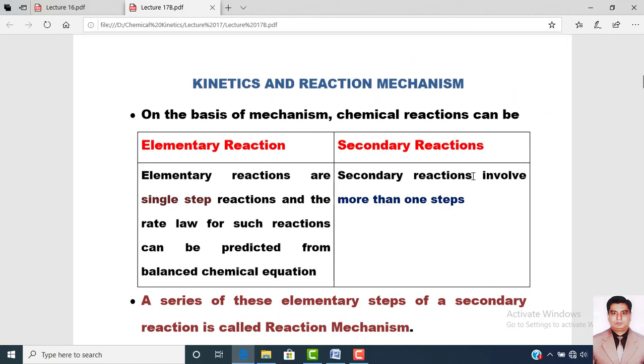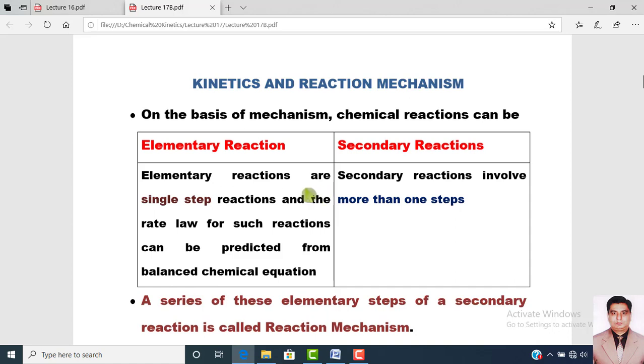On the basis of mechanism, chemical reactions can be divided into two parts: elementary reactions and secondary reactions. Whenever you find the mechanism of a reaction, the reaction will be either of elementary type or of secondary type.